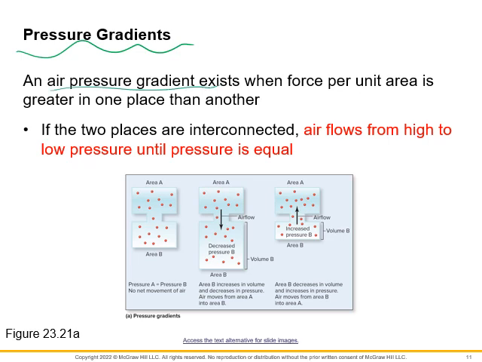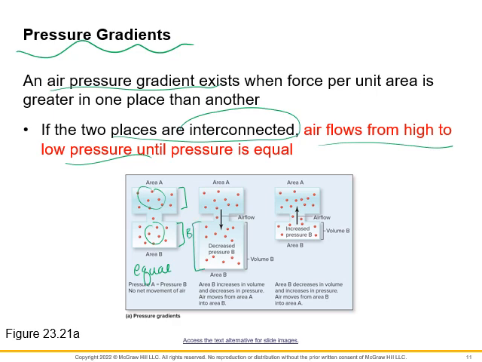So air pressure gradients exist. If the two places are interconnected, the air is going to flow from high to low pressure until the pressure is equalized. In this first example, they're equal. So the area is equal, the space is equal, the number of molecules is equal. So there's no airflow. In this example, this was B. What did we do to B?